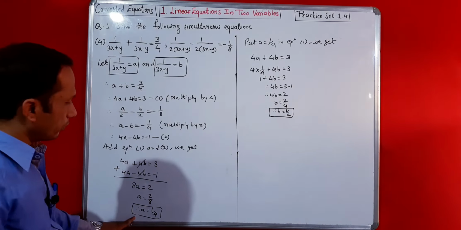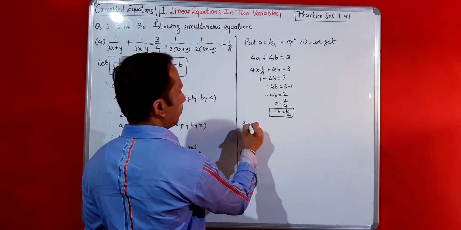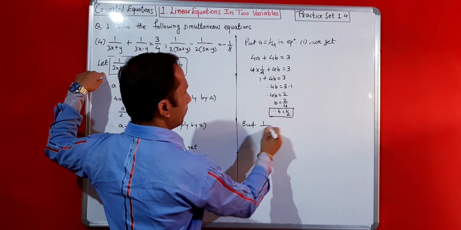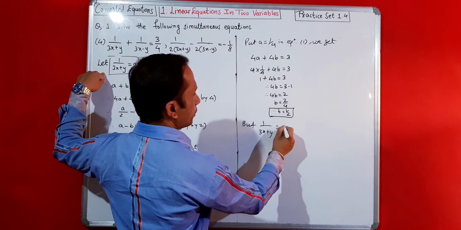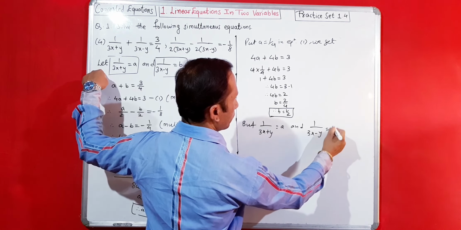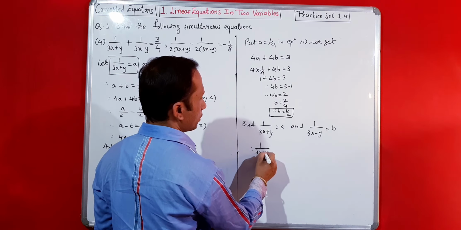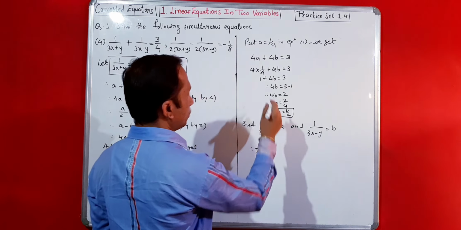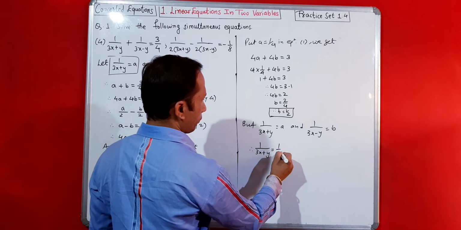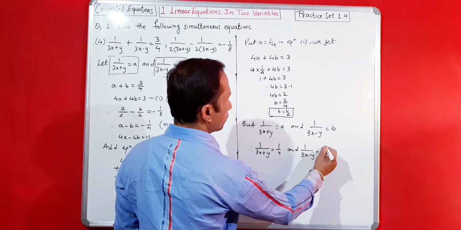We have got a is equal to 1 upon 4 and b is equal to 1 upon 2. But we know that 1 upon (3x plus y) is equal to a, and 1 upon (3x minus y) is equal to b. Therefore 1 upon (3x plus y) is equal to 1 upon 4, and 1 upon (3x minus y) is equal to 1 upon 2.